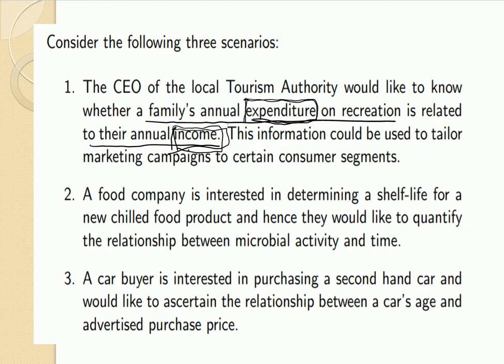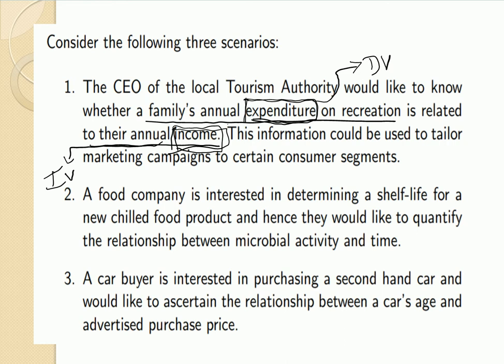It is reasonable to think that the amount of money that you earn affects the amount of money that you will spend, and therefore annual income would be the independent variable and annual expenditure will be the dependent variable.